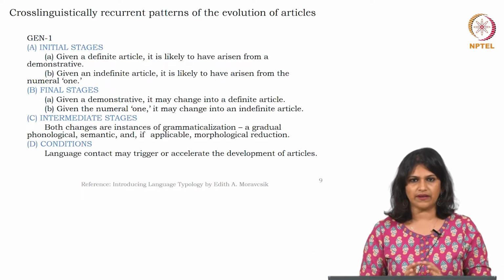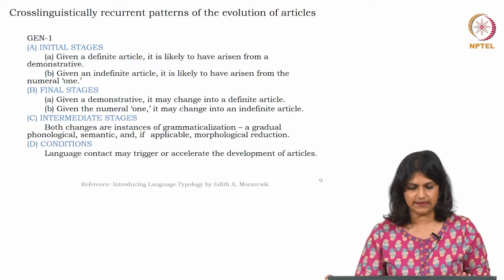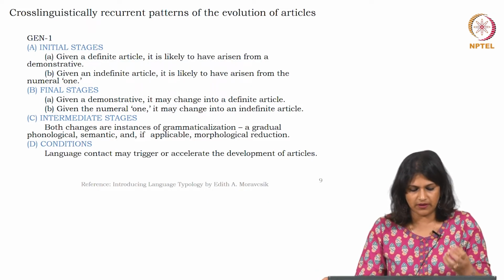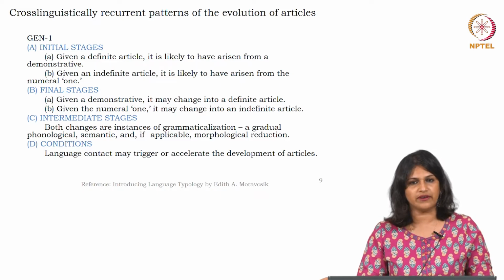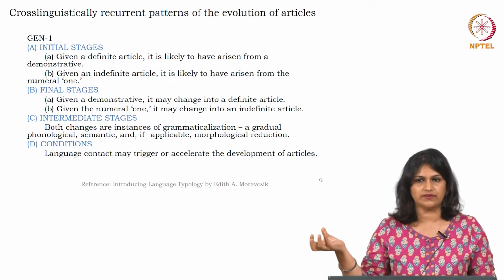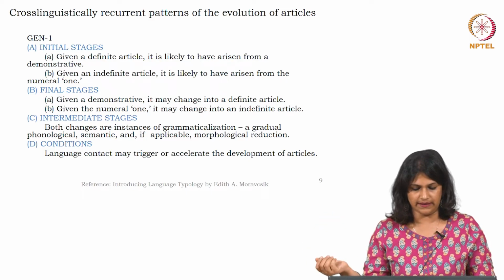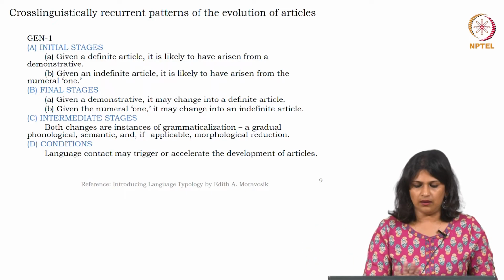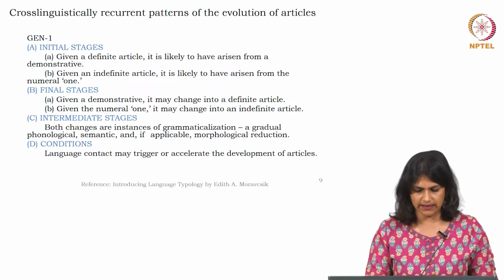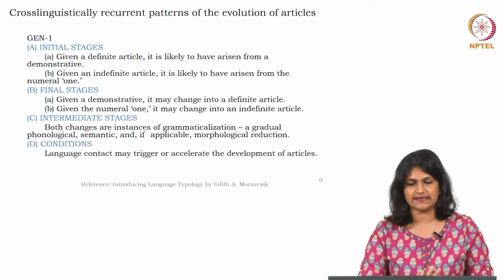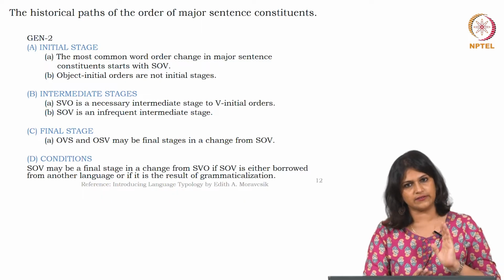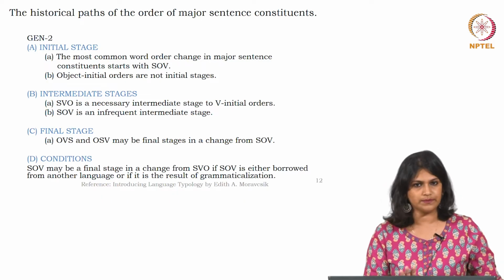Then in between we have multiple intermediate stages, and these might have gradual phonological, semantic and morphological reduction, which is why we have the end product, either the definite or the indefinite article. And the possible reason for this change could be language contact, which might have triggered or accelerated the development of articles. So, that was the first set of generalizations from a diachronic perspective.